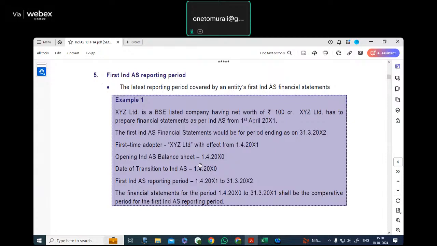Same way, I have made an adoption in my books of accounts, but I have not made a declaration. So therefore, I am not a first-time adopter. In this particular case, substance fails, and form is winning.